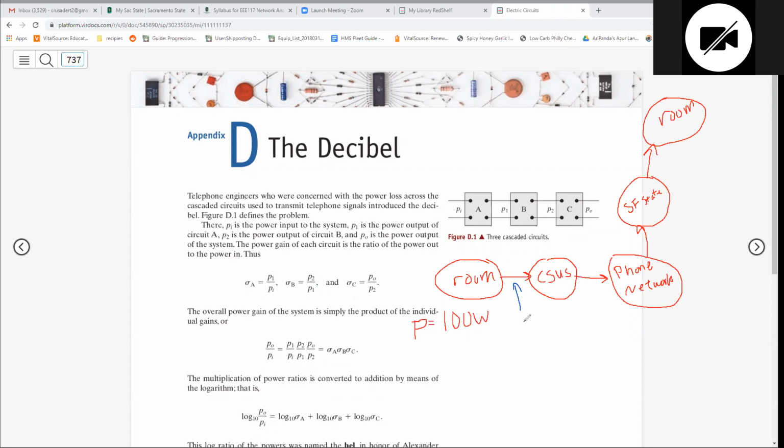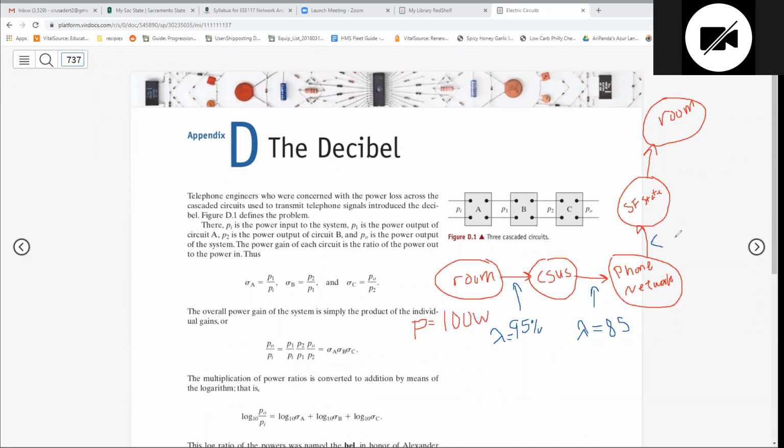So let's say this first one is only 95% efficient. Then over here, this efficiency is only 85%.